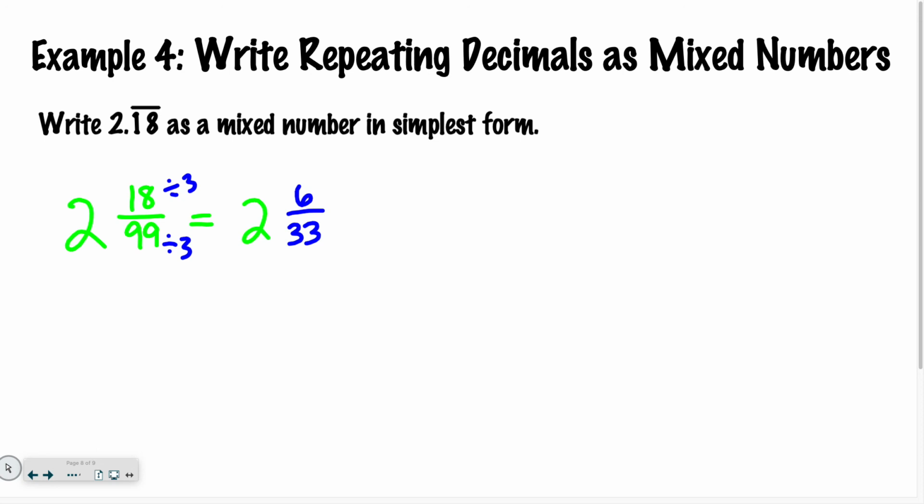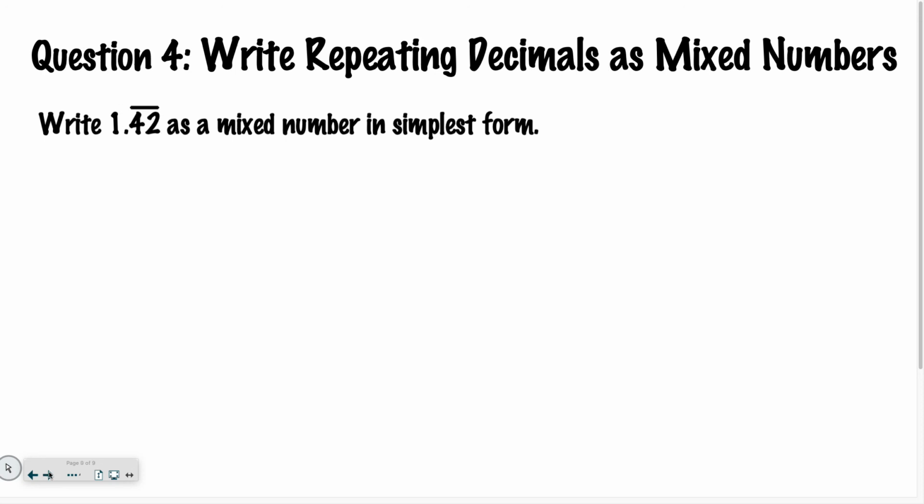But I'm still not done because I see both of these numbers are also divisible by 3. So 6 divided by 3 is going to give me a 2. 33 divided by 3 gives me 11. Now, there aren't any numbers that 2 and 11 are both divisible by. So our final answer is going to be 2 and 2/11.